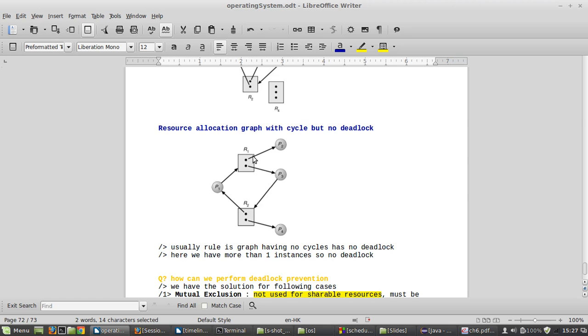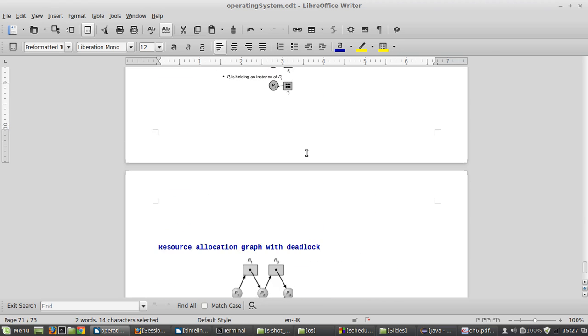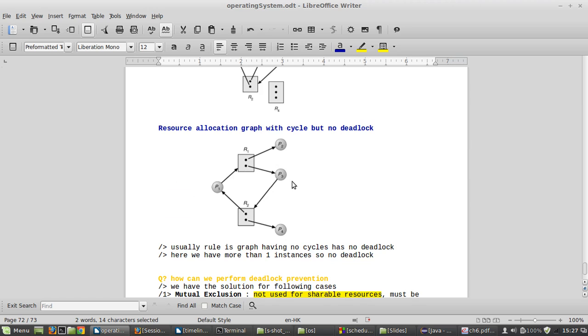Even the R2 block has 2 instances. So that means process 1 is waiting for resources from R2, whereas it is holding the resources of R1, and process 2 is waiting for resources from R1, whereas there is no chain reaction here, no circular block.